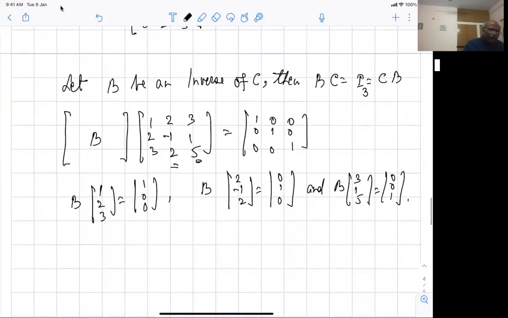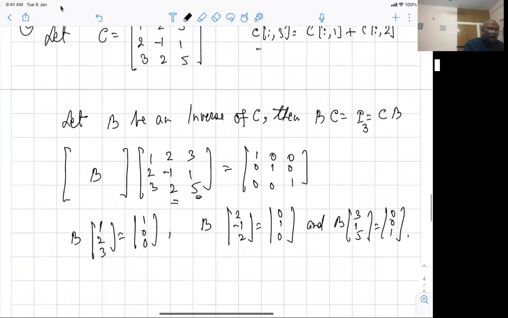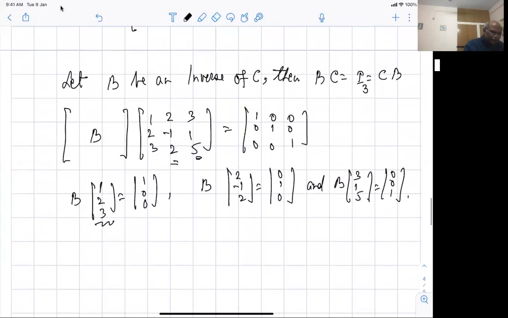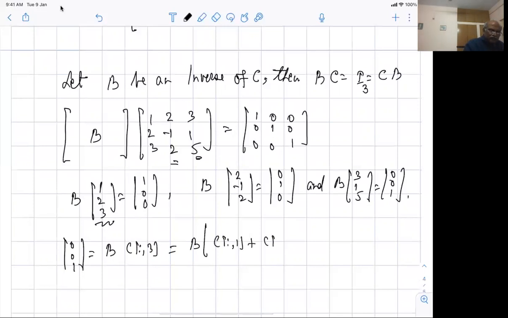So once I have this, I would like to relate it with the condition that I have, that the third column is the same as this. So what I know is that I can replace this column here. Look at this part. What we are saying here is that (0, 0, 1) is the same as B times the third column of C, which is the same as B times the first column plus the second column, which is B times (1, 2, 3) plus B times (2, -1, 2).